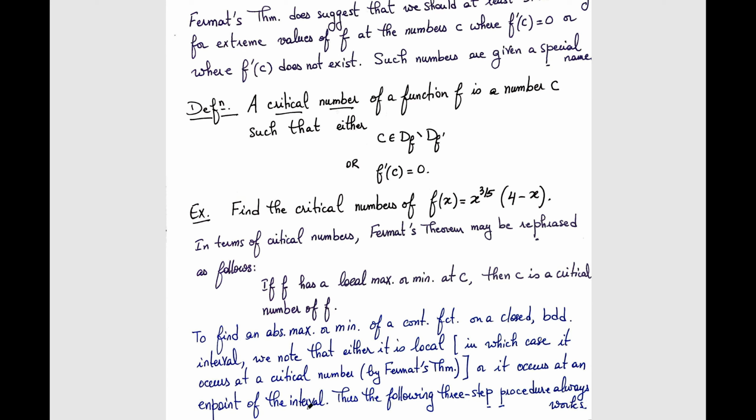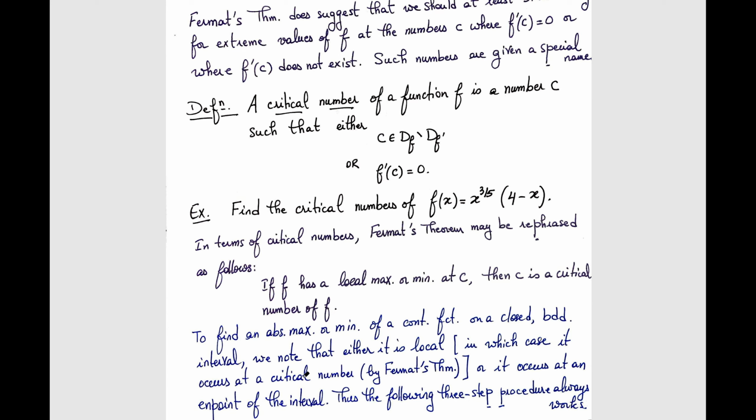All right. So in order to find those, what do we do? We look for all the local ones, and we evaluate the function at the critical numbers, and then we evaluate the function at the endpoints, and then see which one is the highest, it's going to be the absolute maximum, and which one is the lowest among all these, it's going to be the absolute minimum.